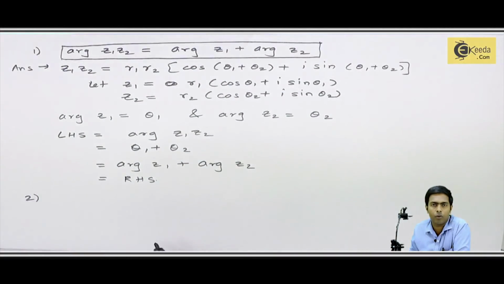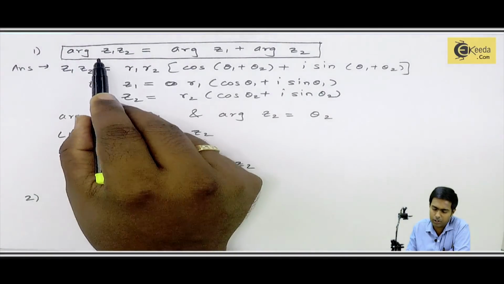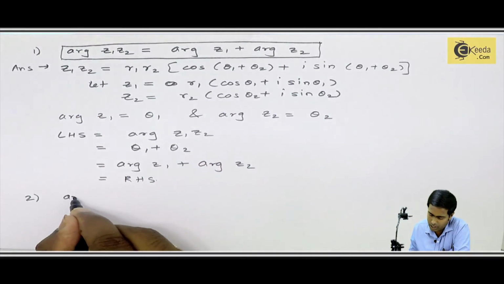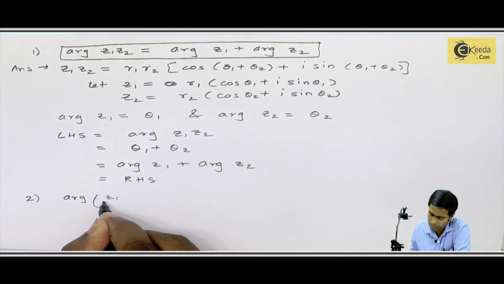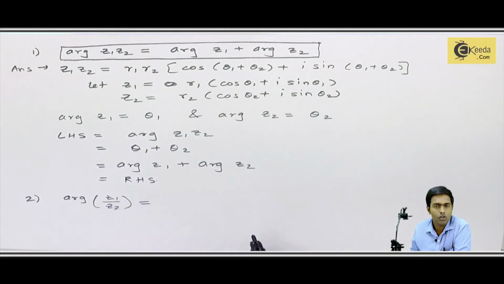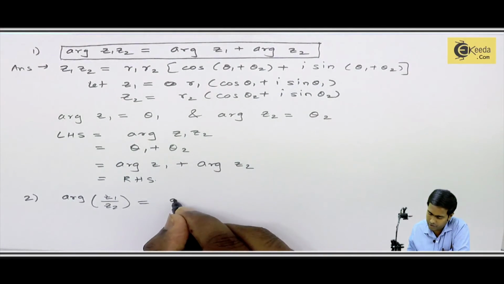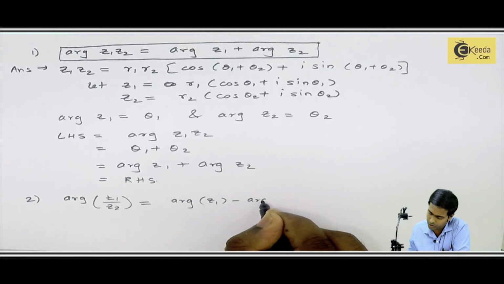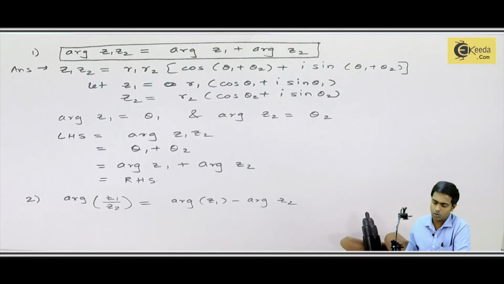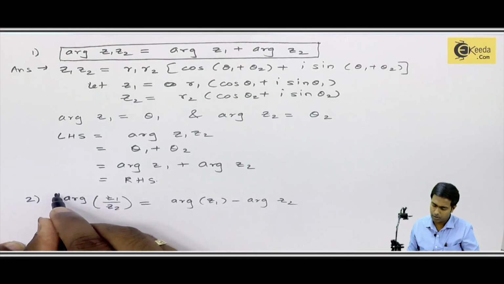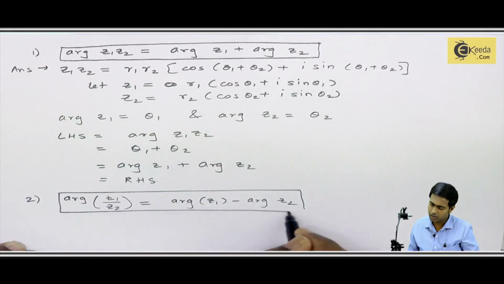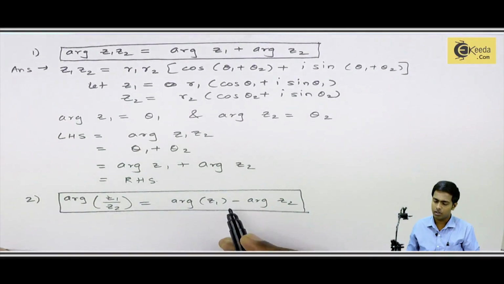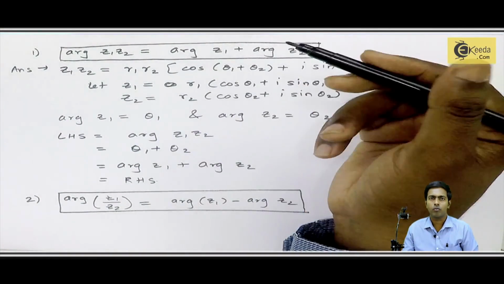Similarly, we have one more formula which looks similar to this, that is argument of z1 upon z2. Here the answer will be argument of z1 minus argument of z2. So these are the two new formulas which we will use to solve numericals.